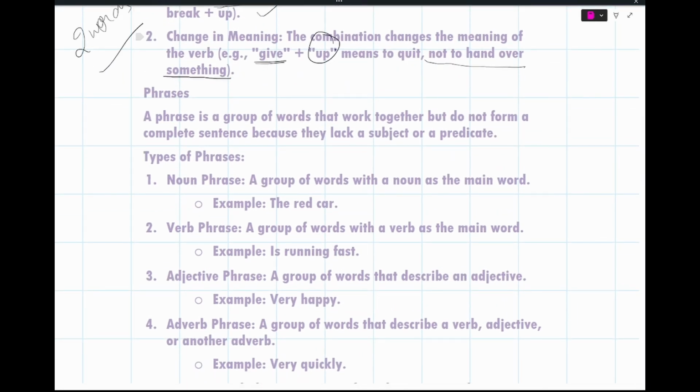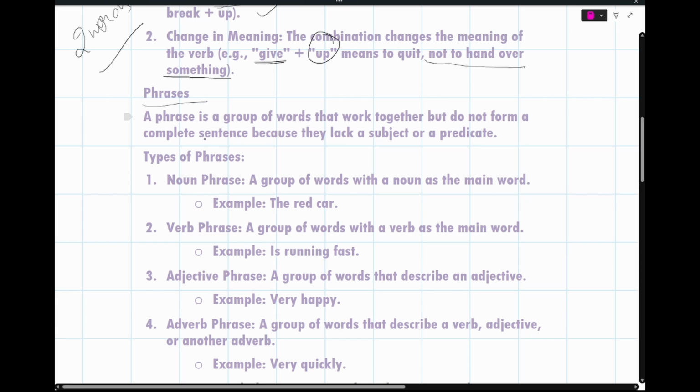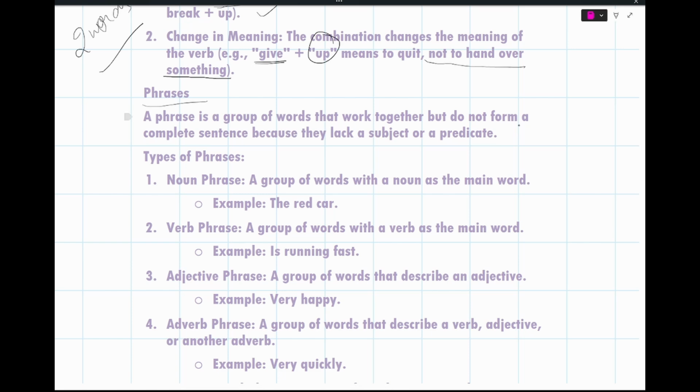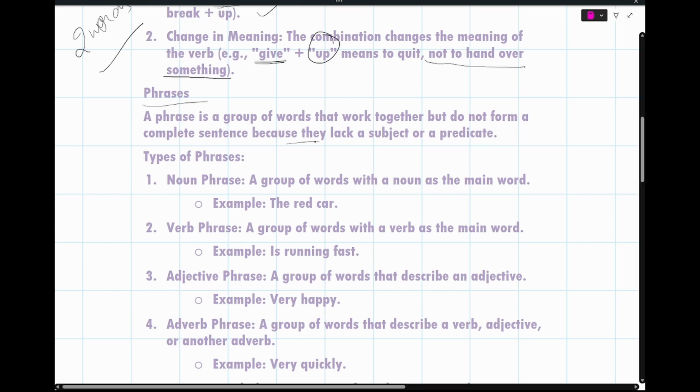Okay, phrases. So, what is a phrase? A phrase is a group of words that work together but do not form a complete sentence because they lack a subject or a predicate. Now, we have to understand what subject and what predicate mean.